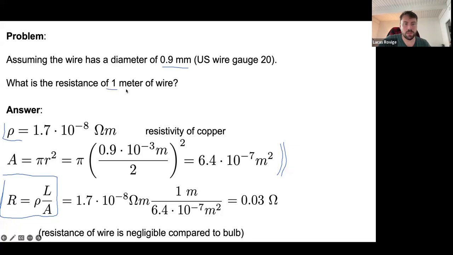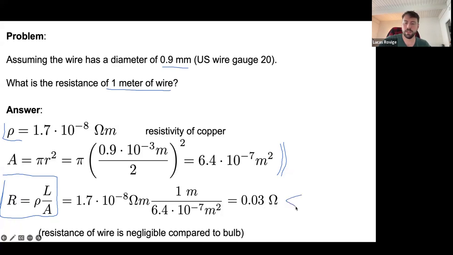And we're looking for the resistance of a 1 meter wire. So that's our L. And so we have all our quantities, so we can just plug that into the formula, and we end up with the resistance of 1 meter of wire of gauge 20, which is 0.03 ohm.